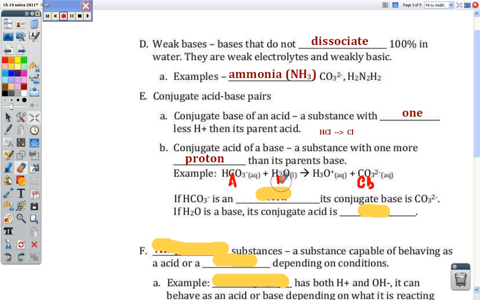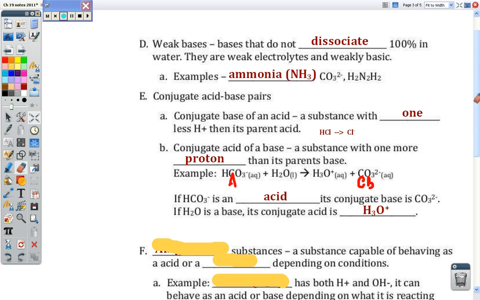We will have more practice with this later. Now, if HCO3 minus is an acid, then its conjugate base is CO3 2-. Acid, conjugate base. If H2O is a base, because it accepts the proton, this hydrogen comes here to H2O, its conjugate acid then is going to be H3O+.